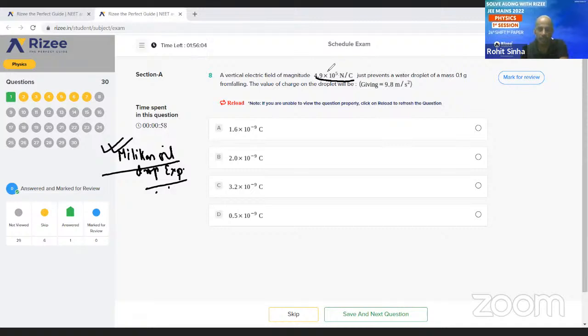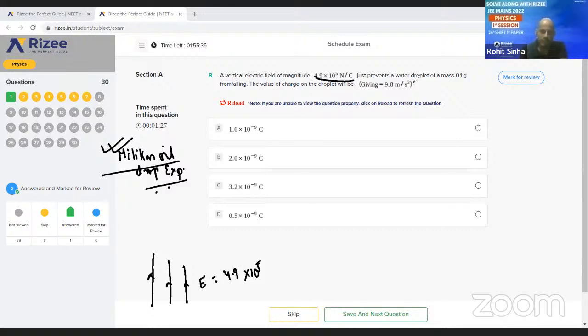See here, it is given that a vertical electric field, you remember, let us suppose like this, is present here, and the value of E is 4.9 into 10 to the power 5. It just prevents a water droplet of this much mass from falling.